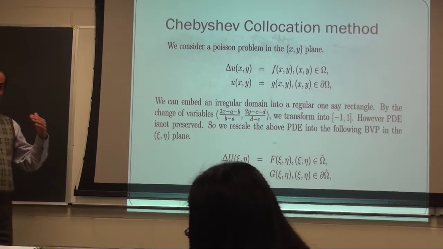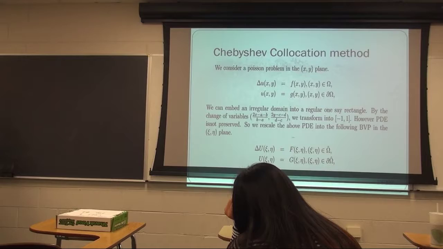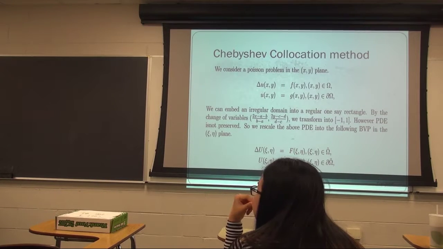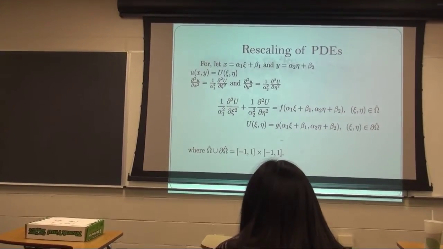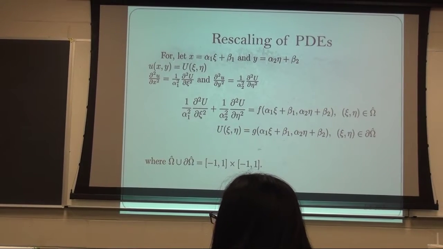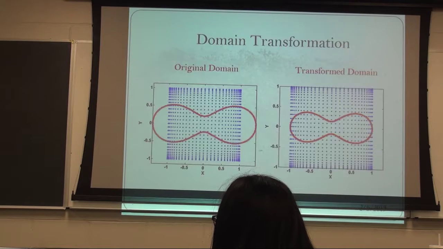And to preserve the PDE on that domain, we have to follow these steps for the boundary value problems. Not only are you putting your domain into -1 to 1, but you have to rescale the PDE. So these are some technical steps that we follow when we rescale the PDE.